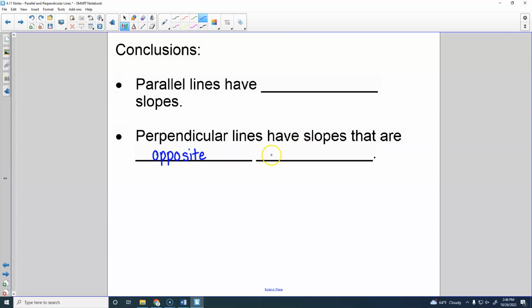Here's a fancy one, though. Opposite reciprocals. Opposite means change the sign. And reciprocal means to flip.